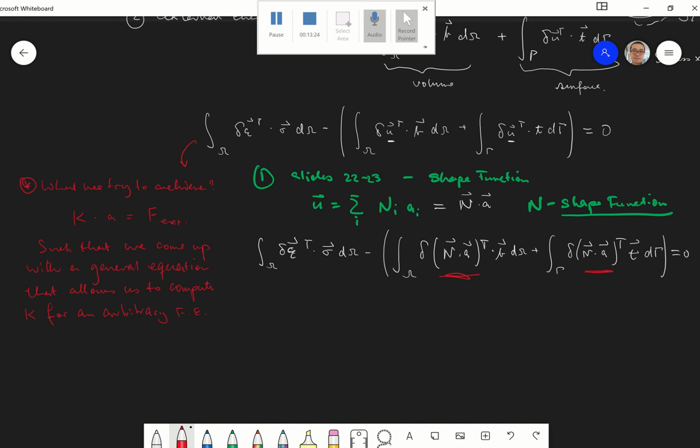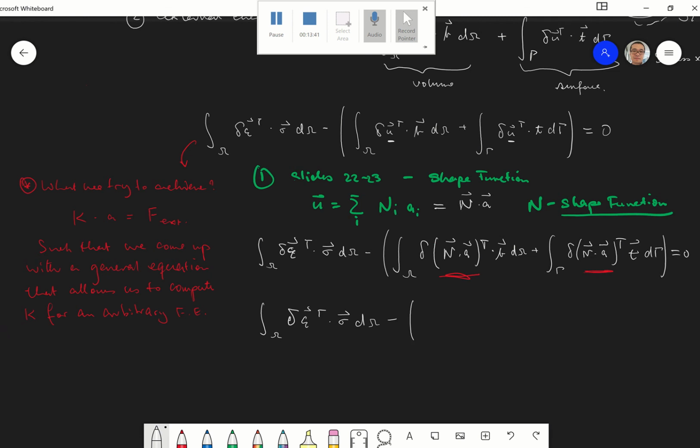So if you expand that, now it's a bit of a mess, but as shown on the slide in your lecture slide, this gives you this expression here, right?